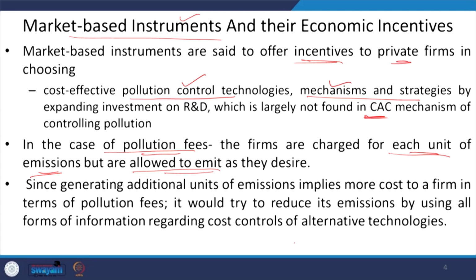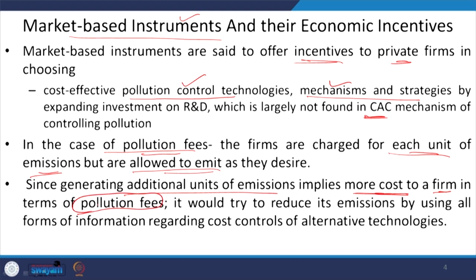And moreover, generating an additional level of pollution implies that more pollution means more cost to a firm, right. So, more cost to a firm, how? Because when the polluter is polluting more, obviously the polluter needs to pay more in terms of the pollution fee.